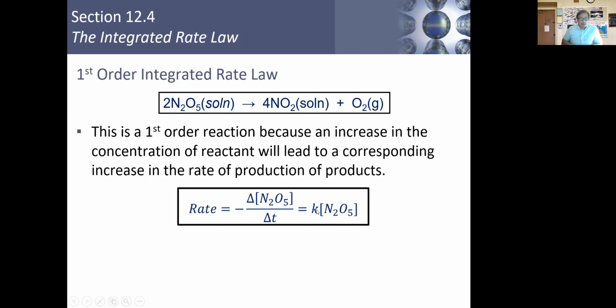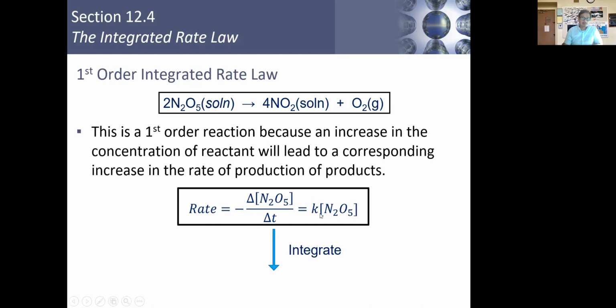However, there are quite a few experiments where we don't have the values for the rate, but we want to still be able to determine how quickly the concentration will change as a result of a change in time. So what we can do is integrate this. We're going to apply calculus to this.